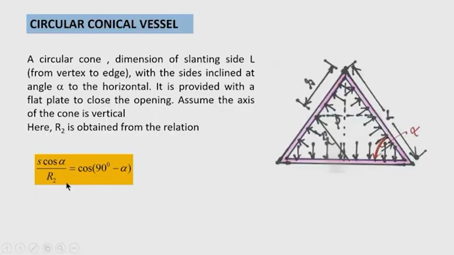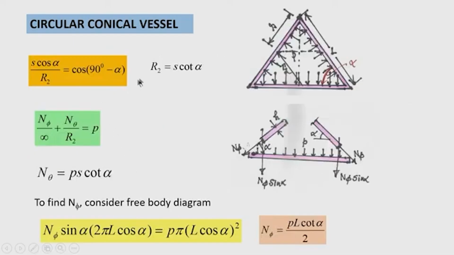Now, if I make use of this triangle to write the relation, s cos alpha is this side. s cos alpha by R 2 will be cos of 90 degrees minus alpha. That relation is used to find R 2, the second principal radius of curvature, in terms of the inclined distance and the semi apex angle.